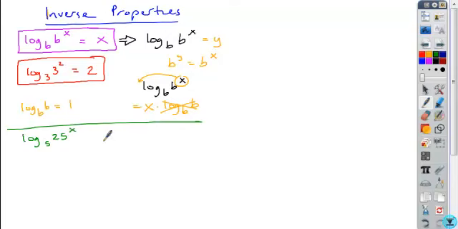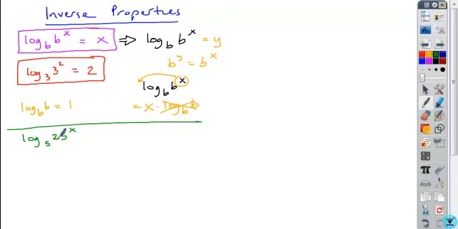And so this one doesn't fit nicely into this pattern as it sits there, right? Log base 5 of 25 to the power of x, and you're asked to evaluate this using the inverse properties. But in order to apply this property, you need to make sure that the expression inside your log has the same base as the log itself.